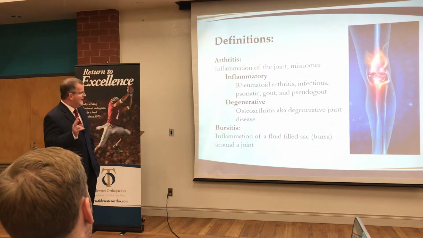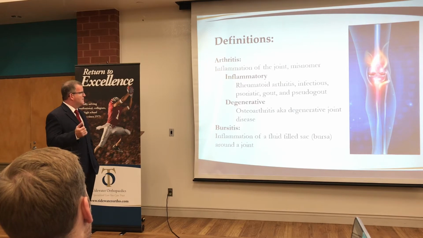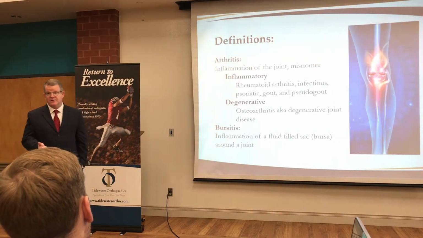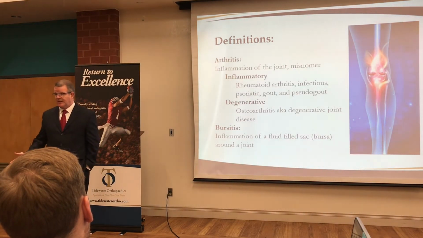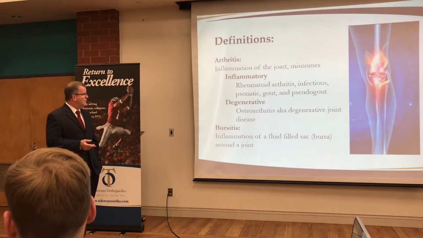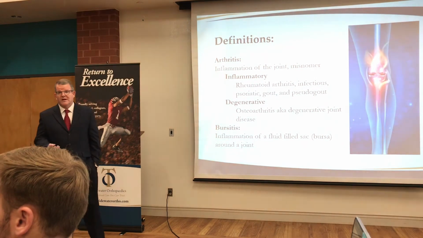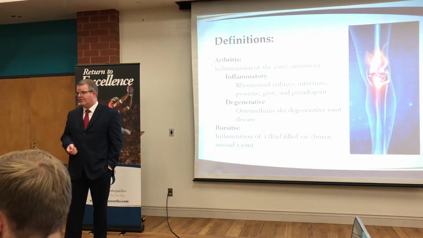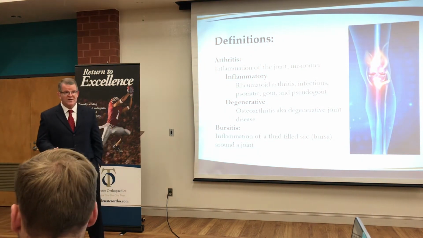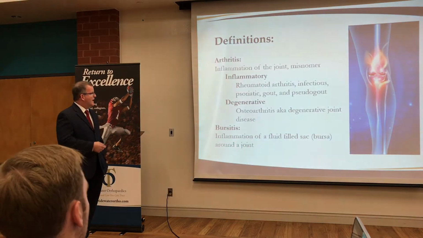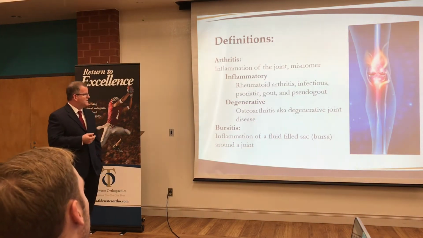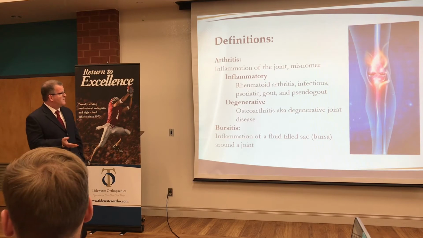But there are two big categories with arthritis, inflammatory and degenerative, and they're two distinct. The most common of the two is degenerative. 90% of all people with arthritis have degenerative arthritis, where only about 10 to 15% of us have inflammatory arthritis. And you can see with inflammatory arthritis, there's a whole host of different types.